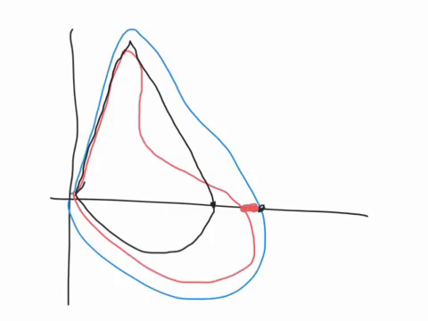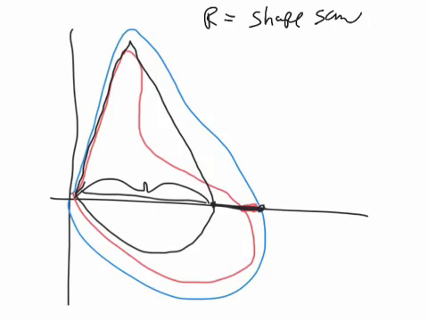So in restrictive, the forced vital capacity is much less. Remember, we said that this space right here is forced vital capacity. But what you'll also notice is the shape is the same. So restrictive: shape is the same, but the forced vital capacity is less, so it's a smaller curve.